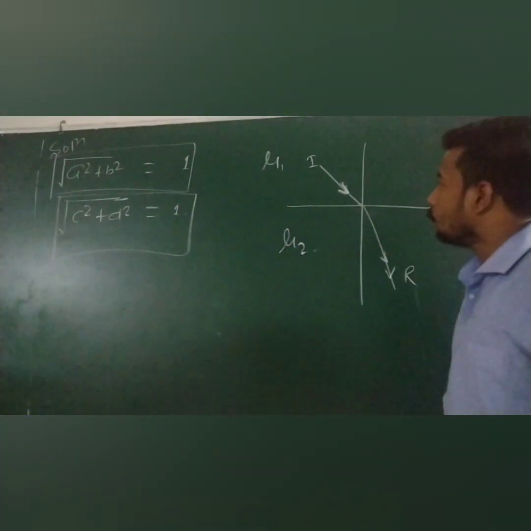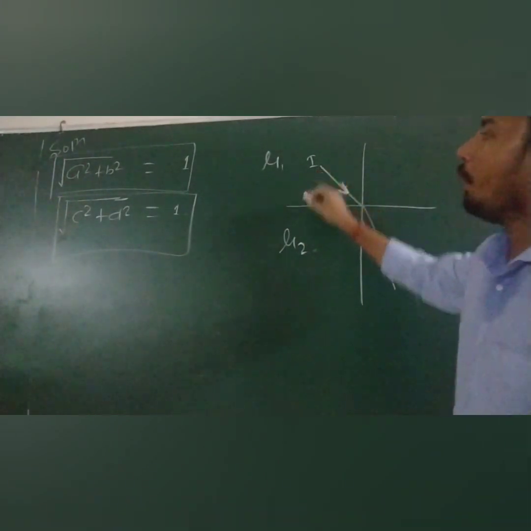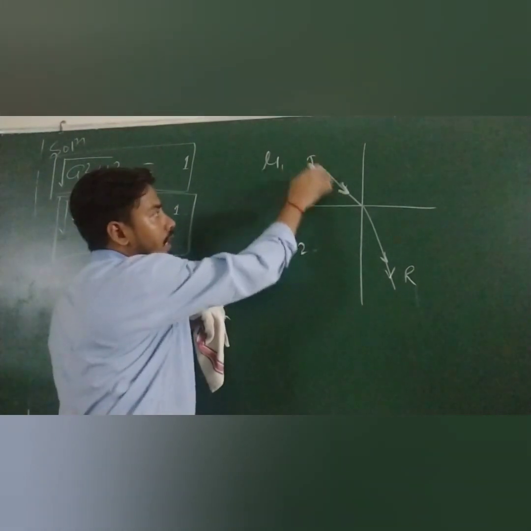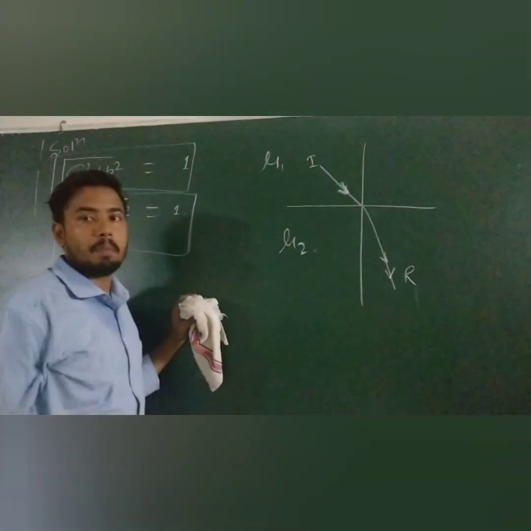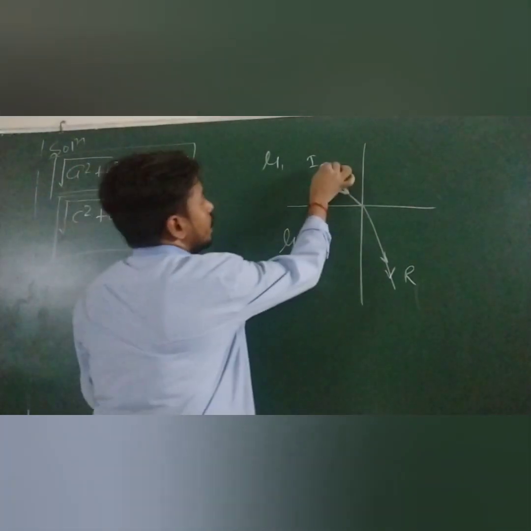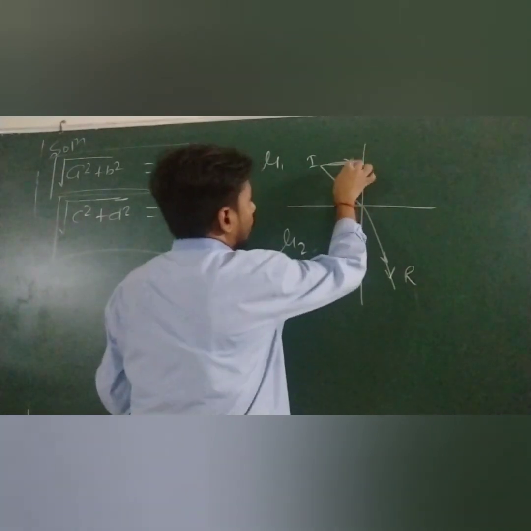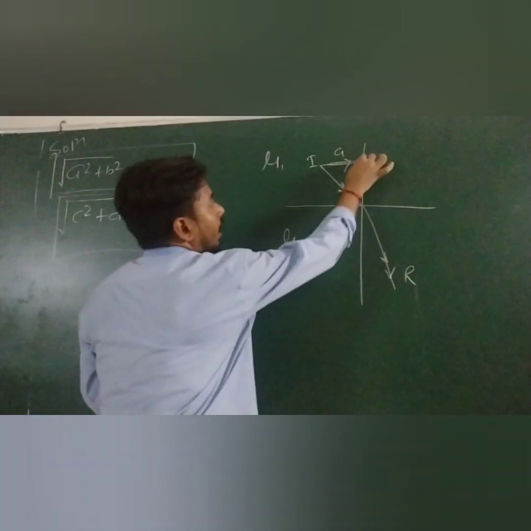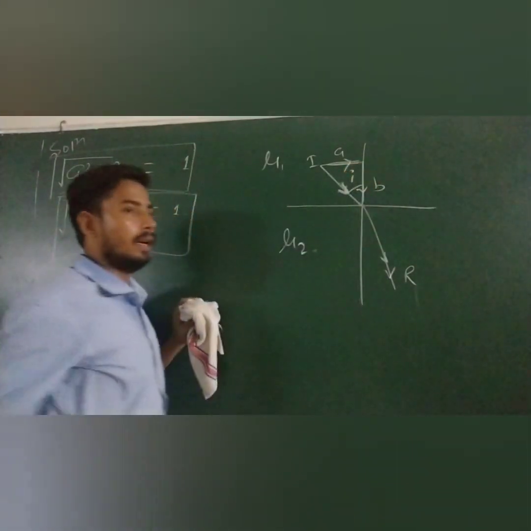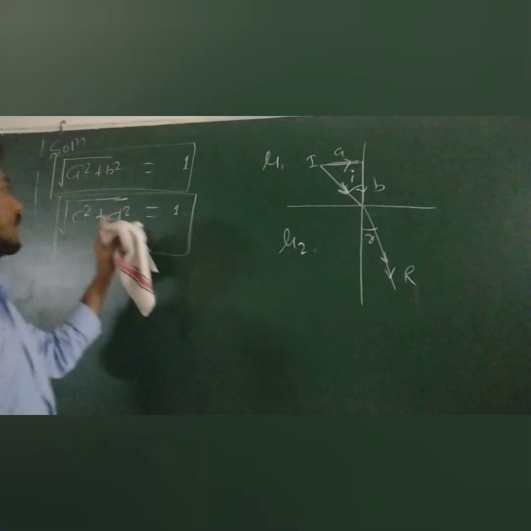It has A i cap plus B j cap, as already given. i cap is the vector along the x axis, so one component will be like this, A, and another will be B, and this will be the angle I. Similarly, this is R. What is its x component?